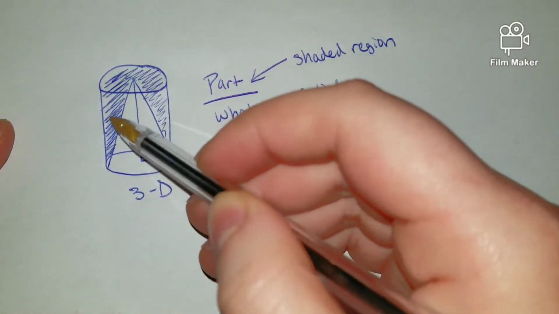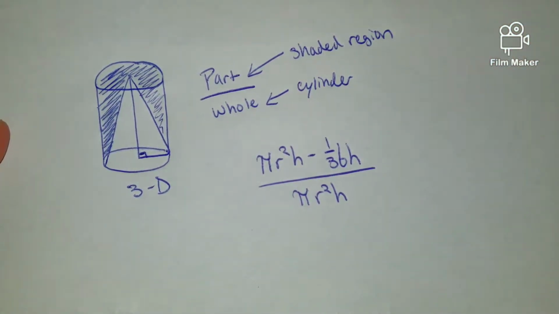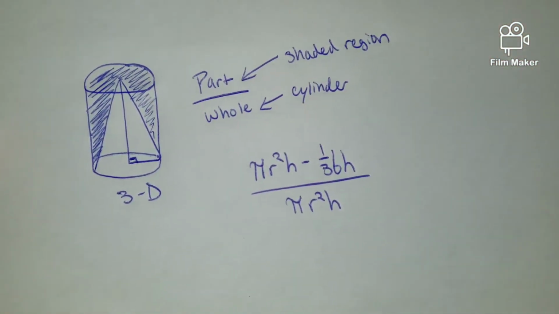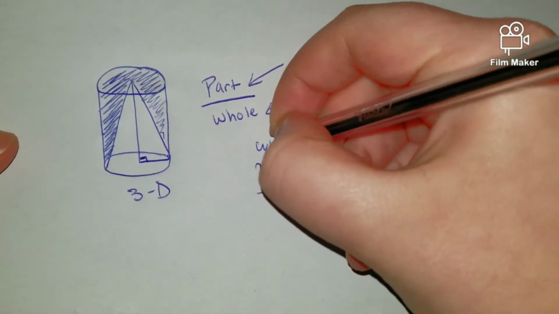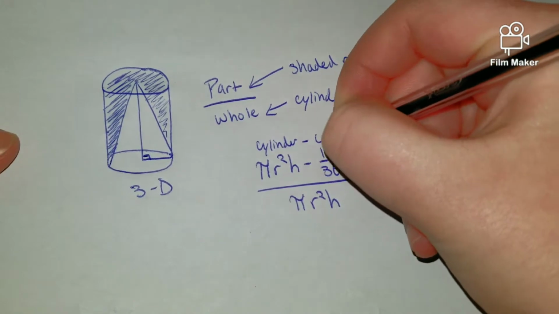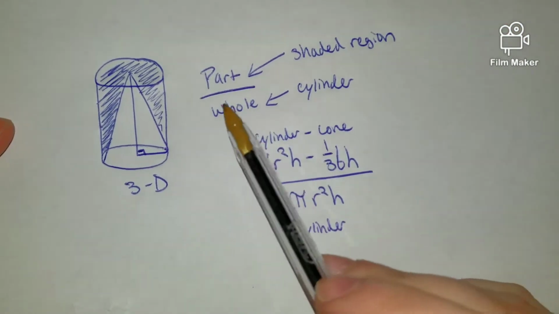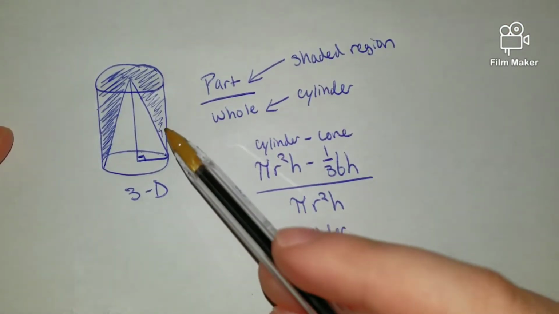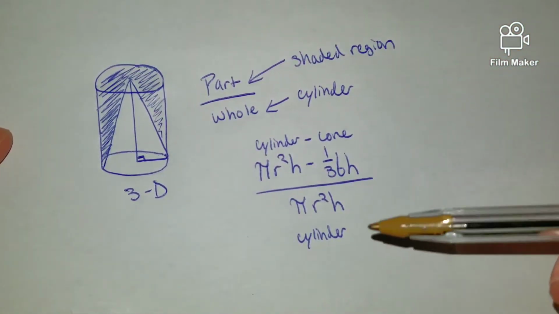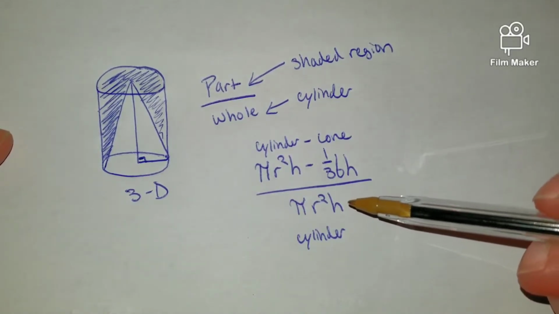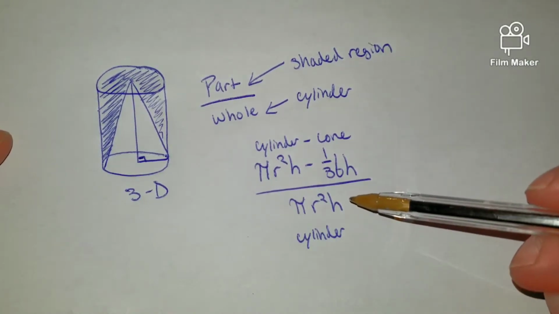If you were to pick a point in all of this shaded space, what is the probability of picking a point from here? The reason we have the cylinder minus the cone over the cylinder is this. We've already established that the whole is the cylinder, because we're trying to find part of the cylinder over the entire cylinder. That is why we put the volume of a cylinder as the whole part of the setup.